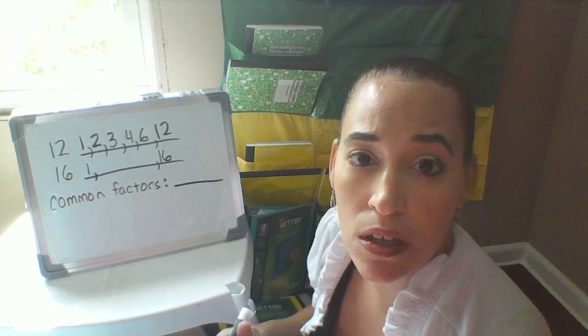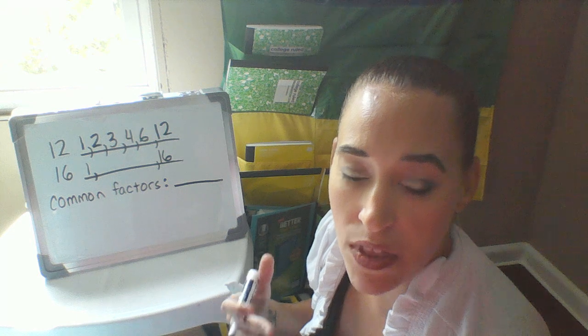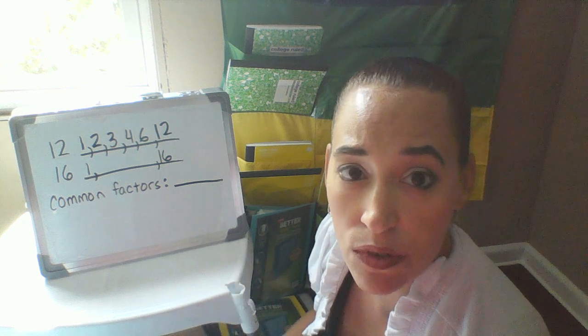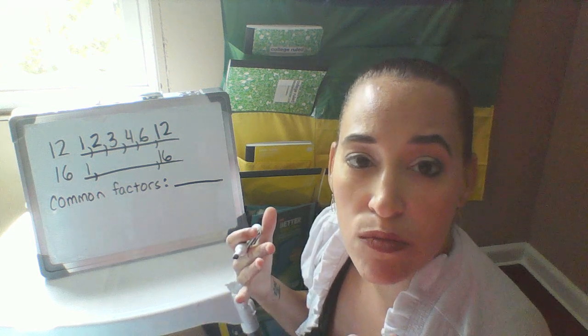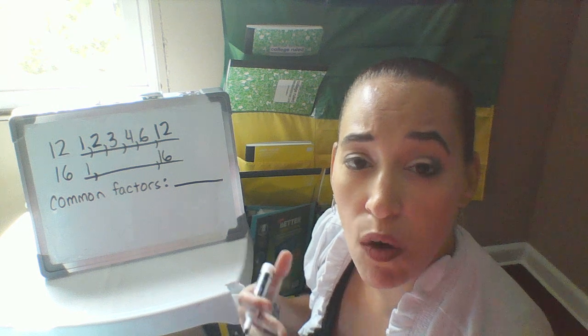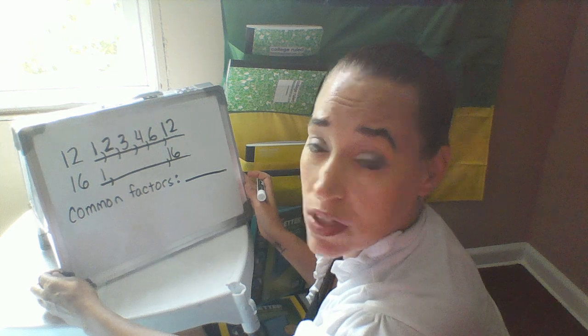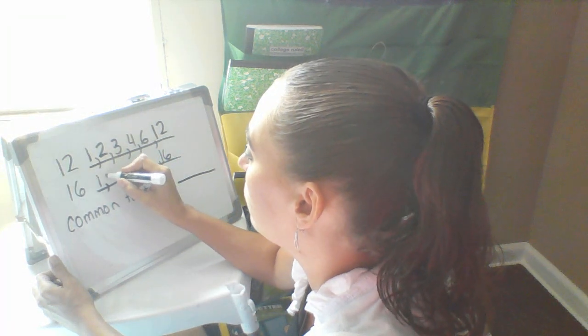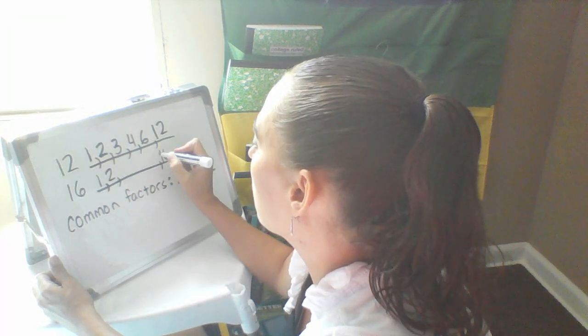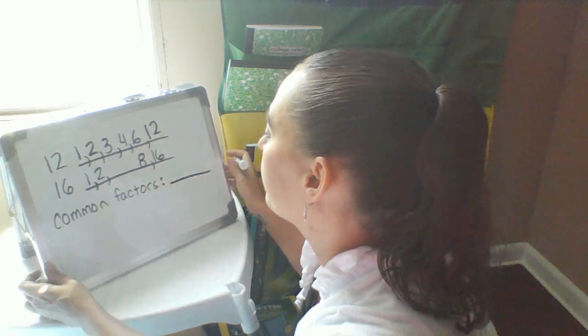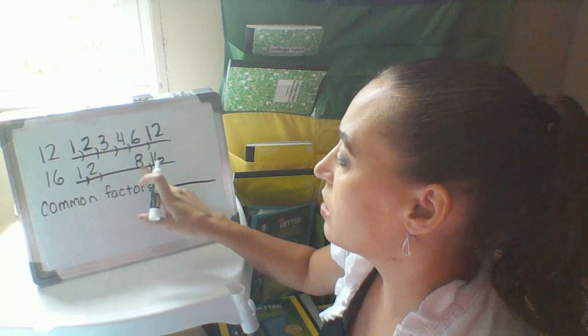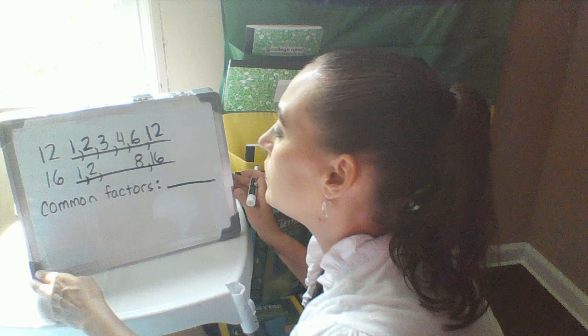Remember in Unit 5, the last lesson was your divisibility rules. Remember, all even numbers are divisible by 2. So we know 16 is an even number, so it's divisible by 2. And it goes in 8 times. So 2 times 8 is 16.